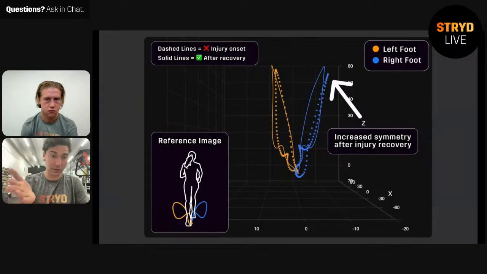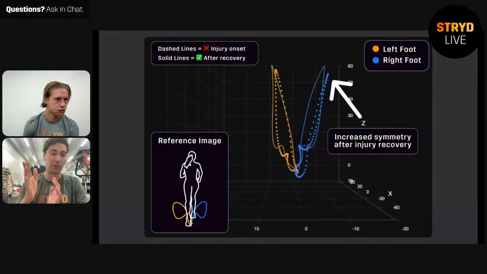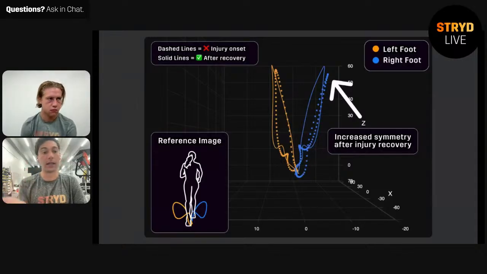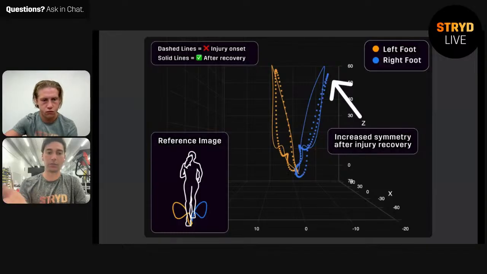But in this case, we're also seeing that he's getting less excess lateral movement, less wasted movement to the side, and he's becoming more symmetrical underneath his body. I wouldn't have known that unless we looked at this back view. So it just gives another perspective, and it helps you to see symmetry a little bit more holistically rather than just from one view.